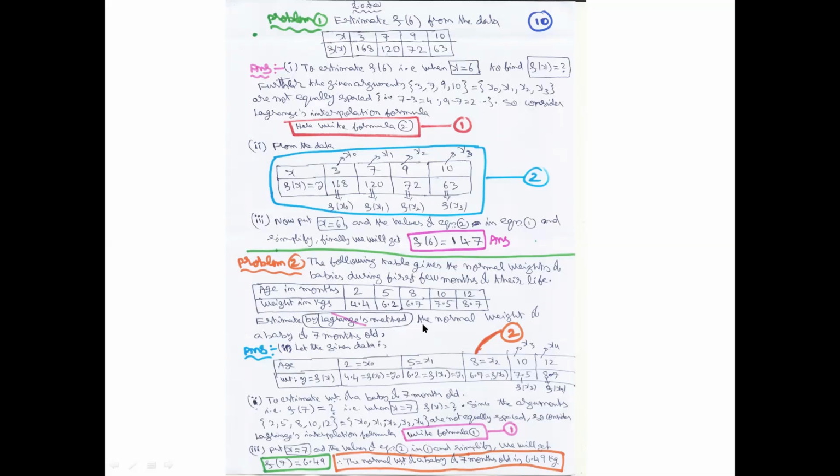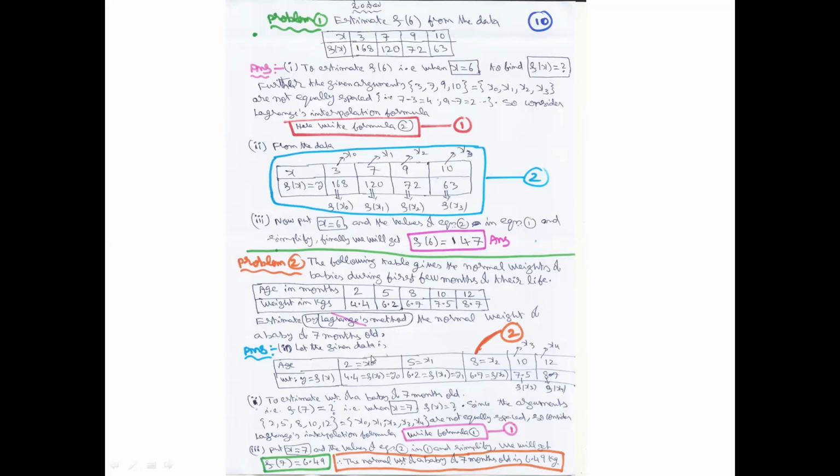We want to estimate the normal weight of a baby of 7 months old. That is, x is equal to 7. What is f of x? This comes under interpolation. Further, the arguments differ by 5 minus 2, 3, 8 minus 5, 3, 10 minus 8, 2, so they are not equally spaced.